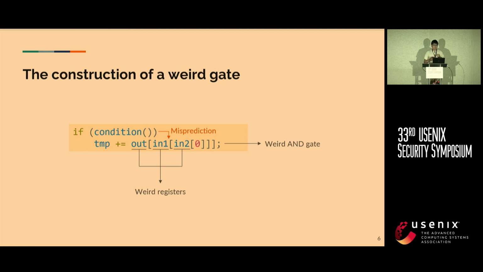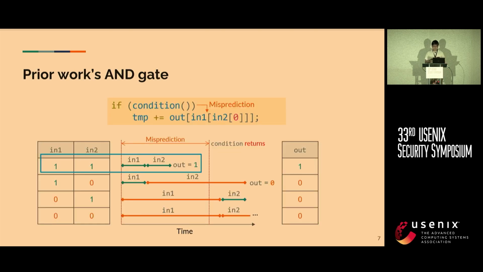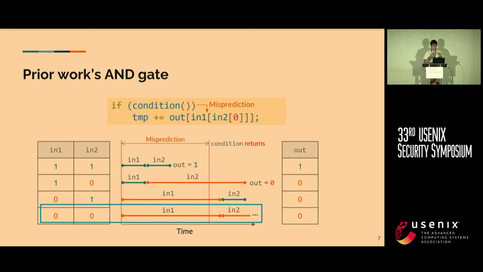This weird gate computes the AND operation by using the access latency of the input weird registers to control the output. Here is a diagram that showcases that when input weird registers have different values, they have different access latencies. When both inputs are 1, both of them are in the cache, and they have a very short cache hit latency. But when they are 0, both of them are out of the cache, so they have a much longer cache miss latency.